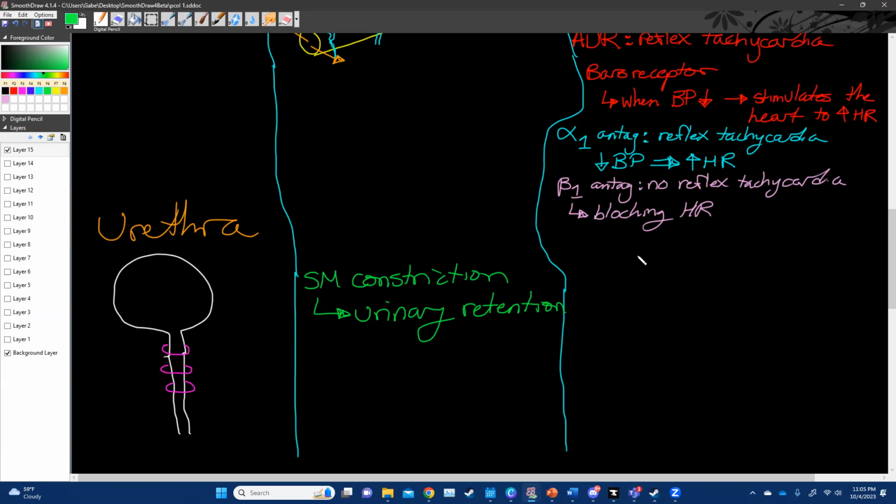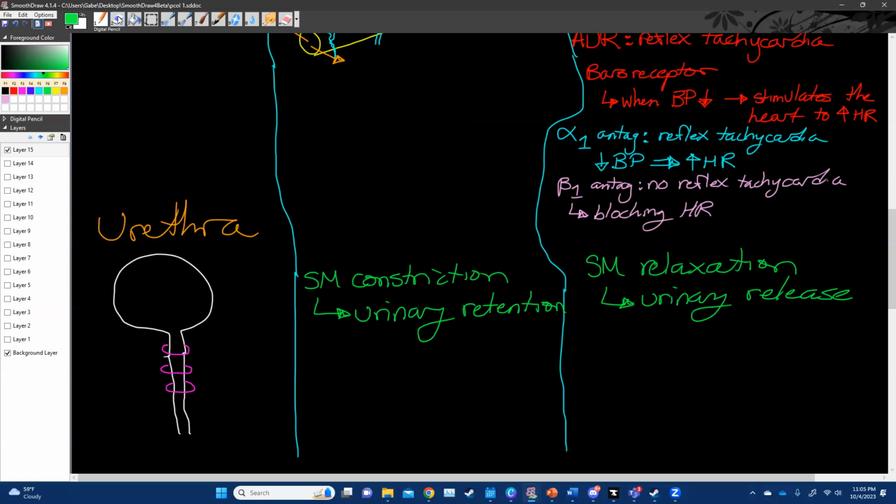In blockade, we get smooth muscle relaxation, which leads to urinary release, is the way I'm going to phrase this. Because it's not really accurate to say that it causes incontinence. It's more that it allows for the increased urine flow.